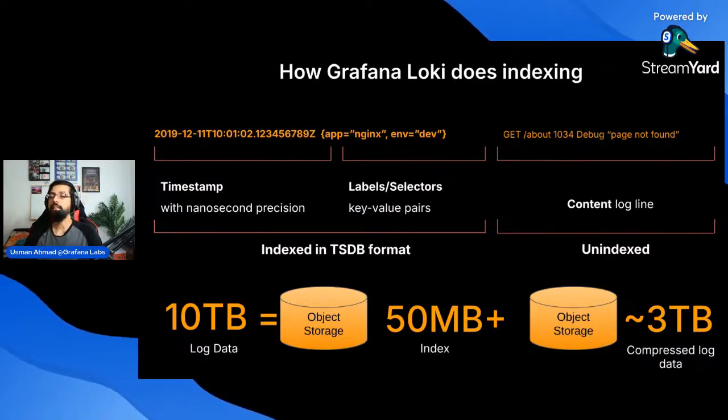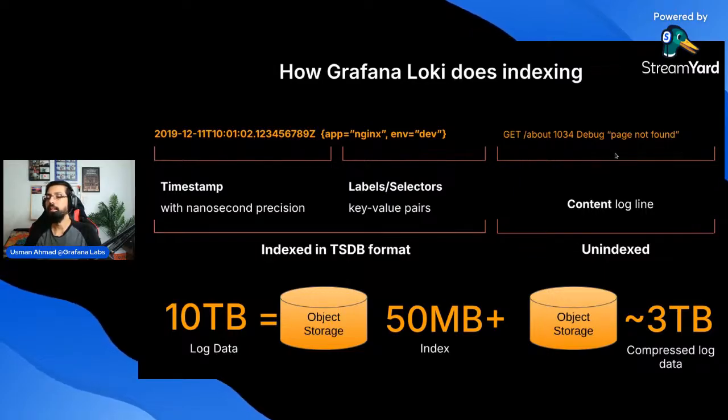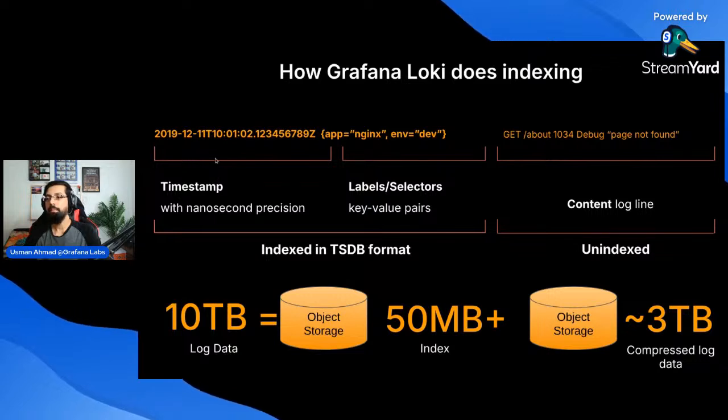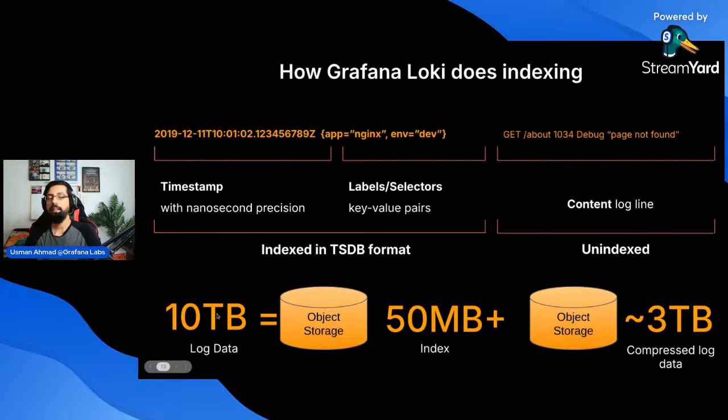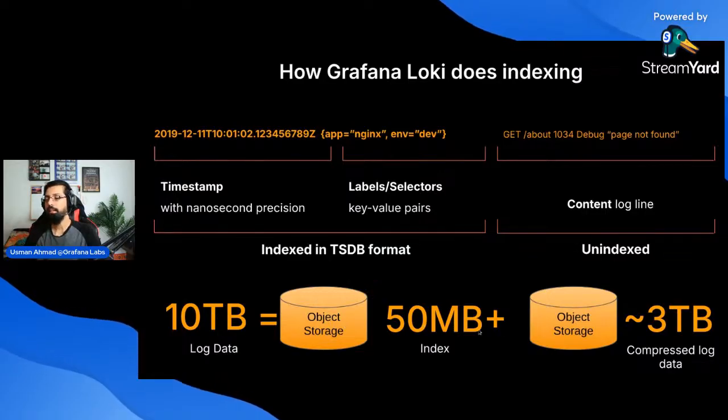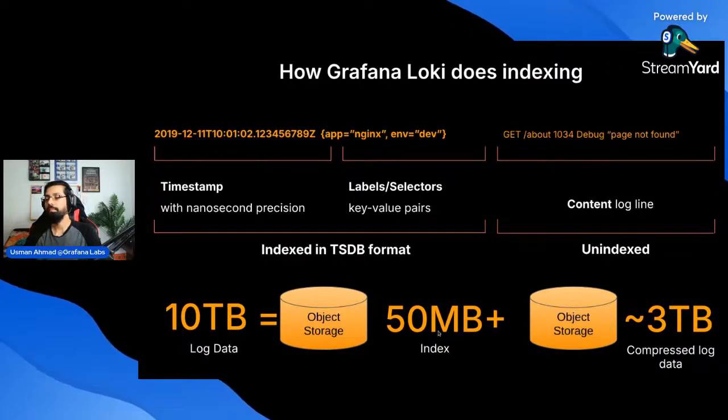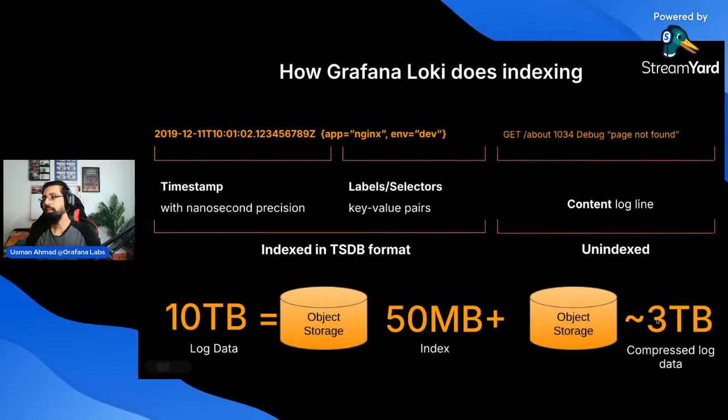What Loki does is that it only indexes the timestamp and the key-value pairs, not the content line. With that, your original 10 TB of log files becomes only 50 MB after indexing. So you save a lot of disk space. Instead of 10 TB, you maybe have only 3 TB after compressing the logs.